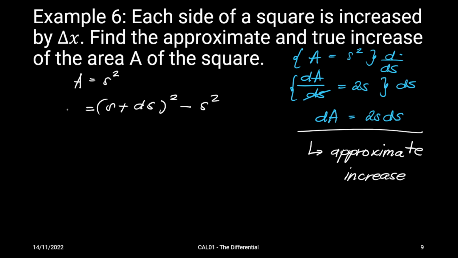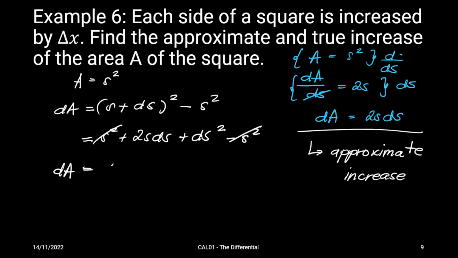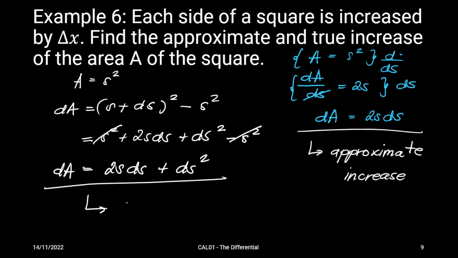This is for the true change, so we have dA. Expanding this, we have S squared plus 2S ds plus ds squared minus S squared. The S squared cancels. Therefore, dA is equal to 2S ds plus the change squared. This is the true increase.